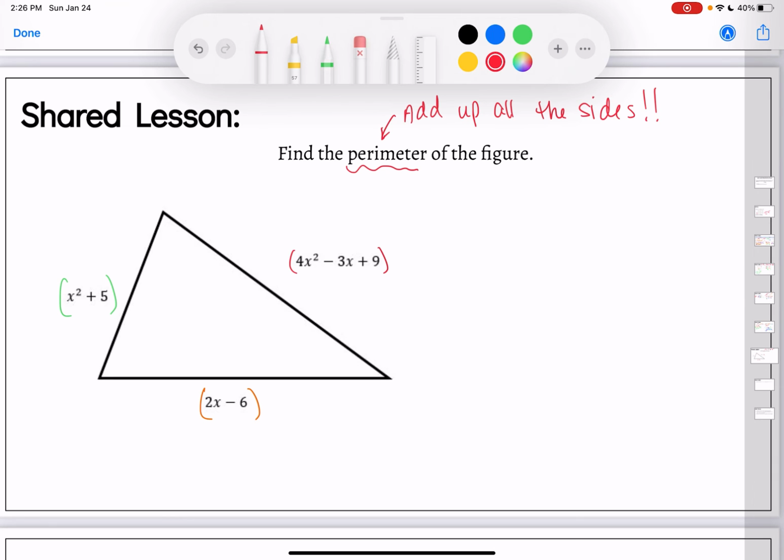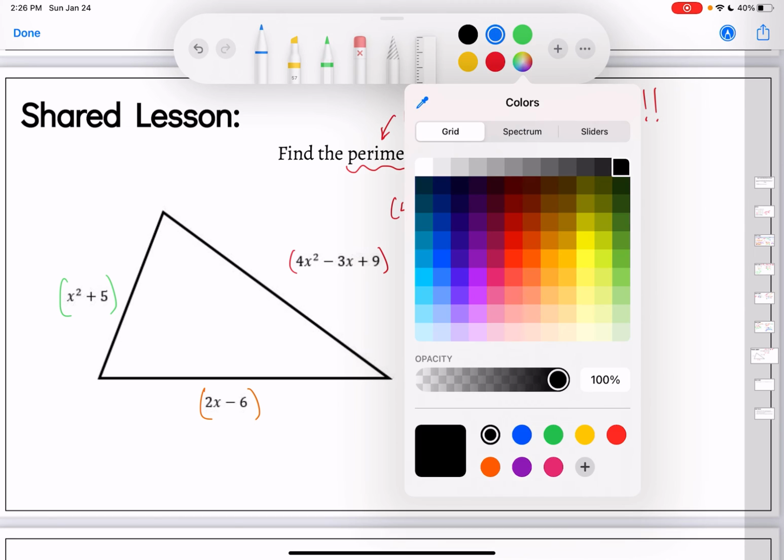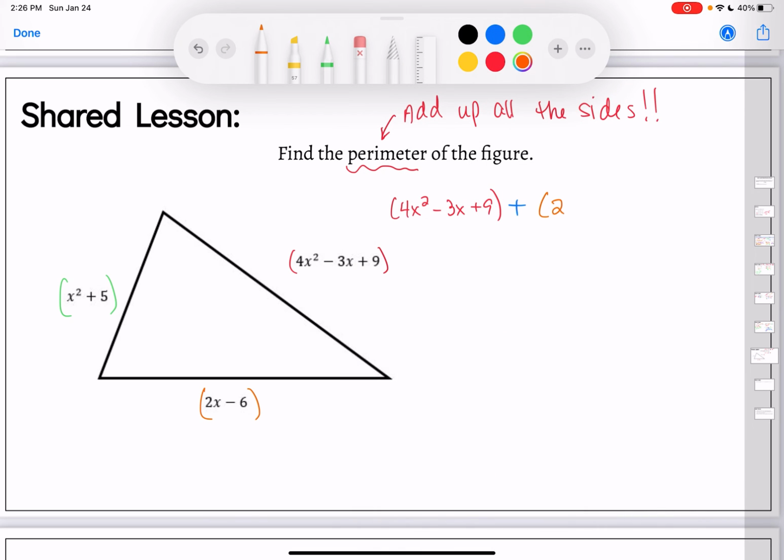So we could write it all out, right? 4x squared minus 3x plus 9 plus 2x minus 6 plus x squared plus 5. Or, and then you have to get rid of your parentheses and all that.